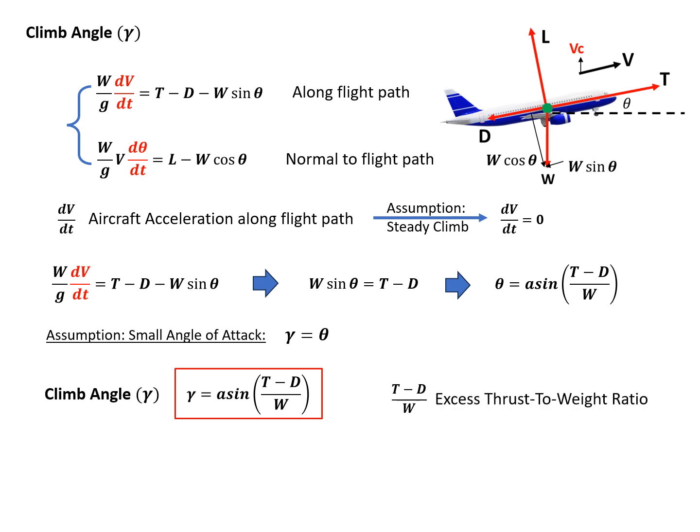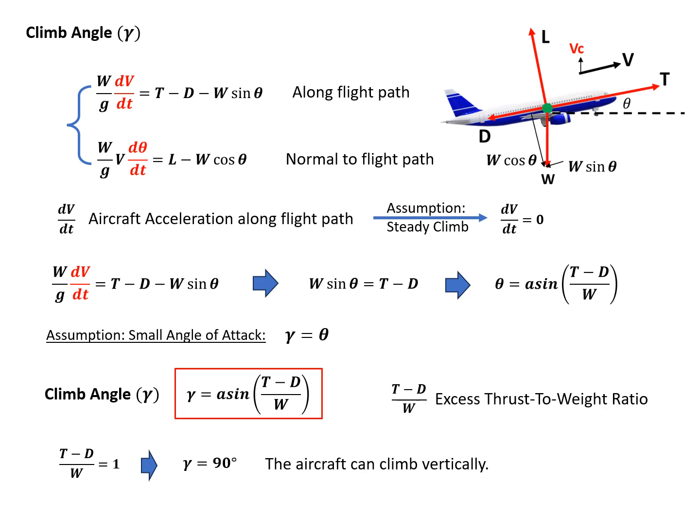In the bracket, (T minus D) over weight W is named the excess thrust to weight ratio. There is a very important extreme case where (T minus D) over W equals 1. This gives a climb angle of 90 degrees, which means the aircraft can climb vertically, but normally (T minus D) over W is far less than 1 for typical aircraft.